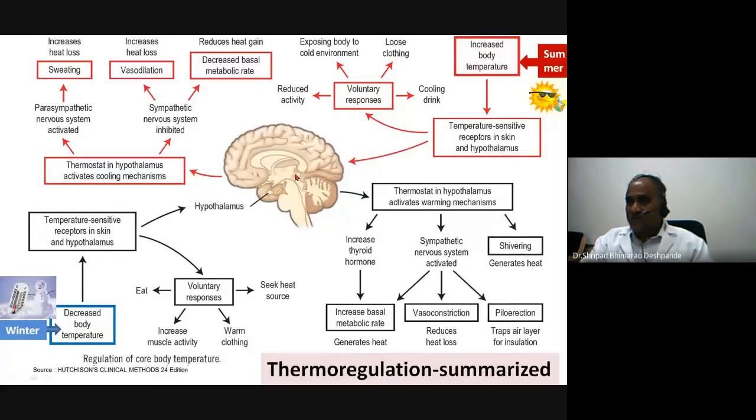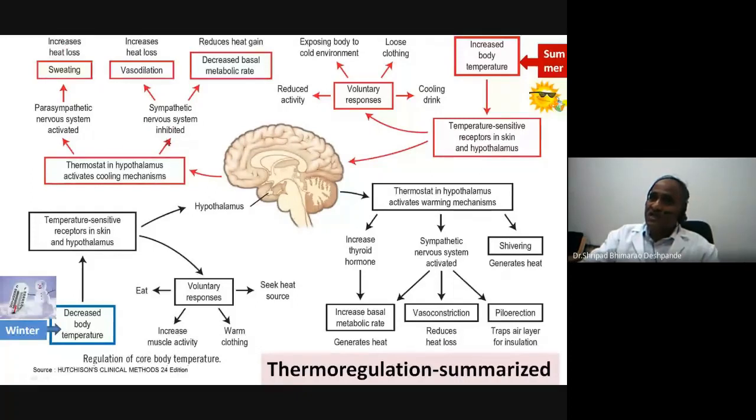Now what happens here? It comes to the brain, and in the brain, the thermostat in the hypothalamus activates the cooling mechanisms. Usually the parasympathetic activity produces sweating. Sweating produces increased heat loss. That is one count.